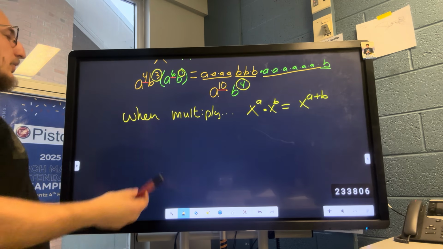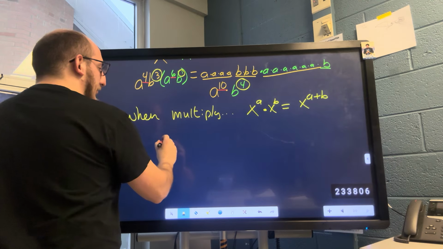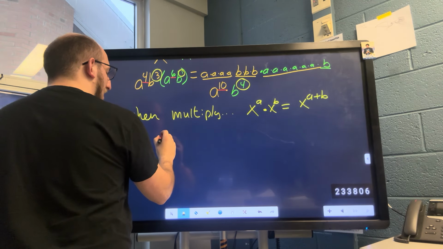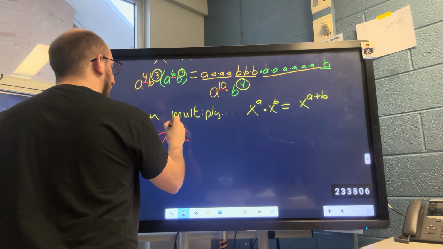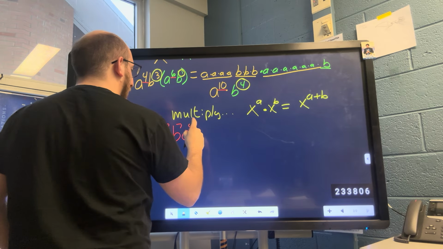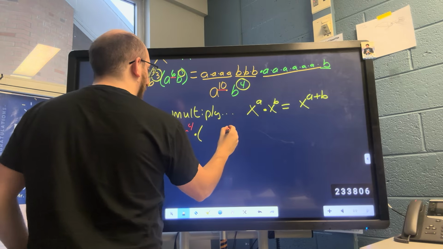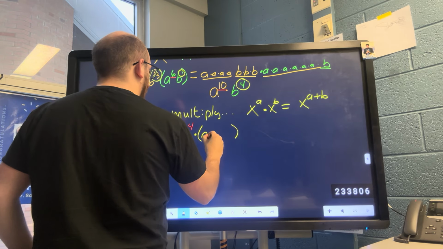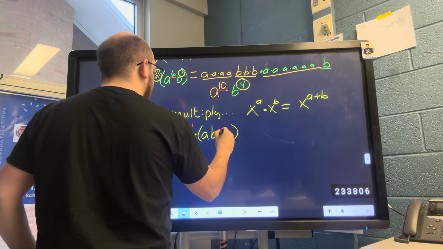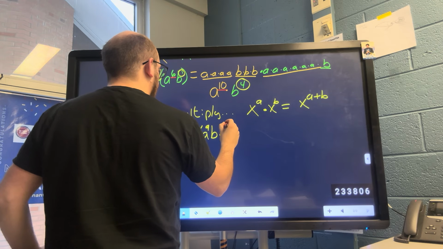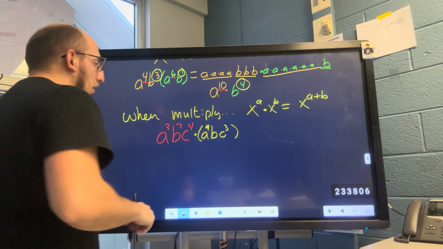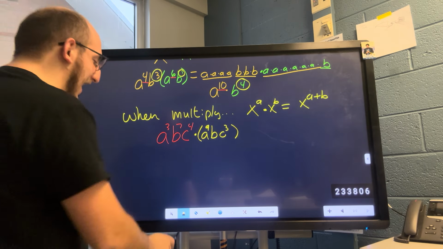So if I had, for example, a^3 b^7 c^4 times a^9 b c^3, all we're going to do is add our exponents.